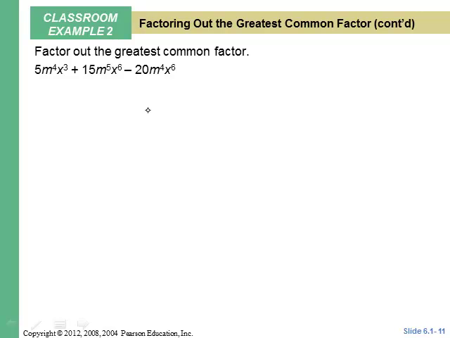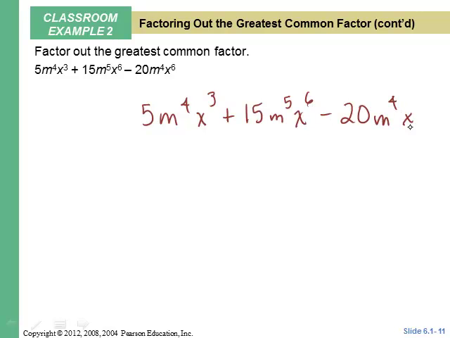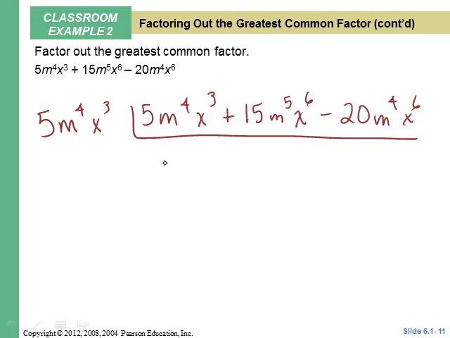Try this one. The difference this time is there are 2 variables that we will be able to divide by. We can divide by the number 5, the letter m, and the lowest power of m is to the 4th, and the lowest power of x is to the 3rd.